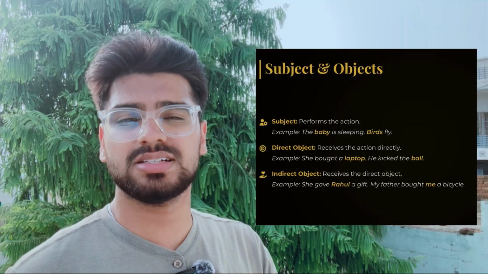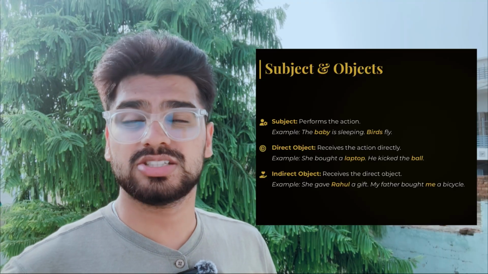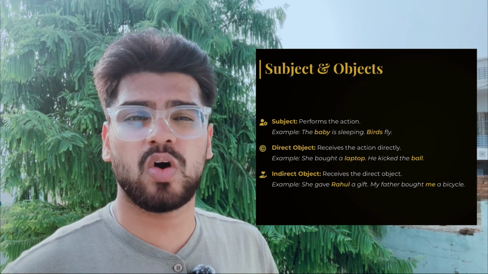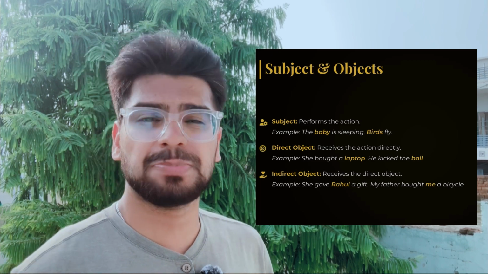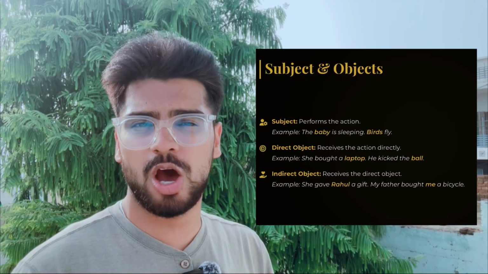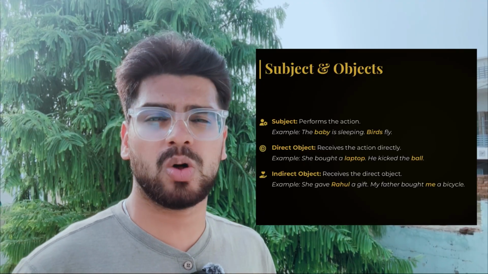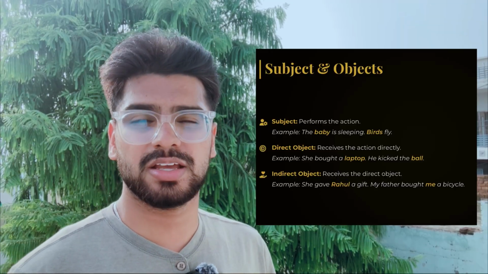Let's understand noun as a direct object. Direct object is the one which receives the action. She bought a laptop. Here, laptop is the noun and a direct object. He kicked the ball. Ball is the noun. I love music.